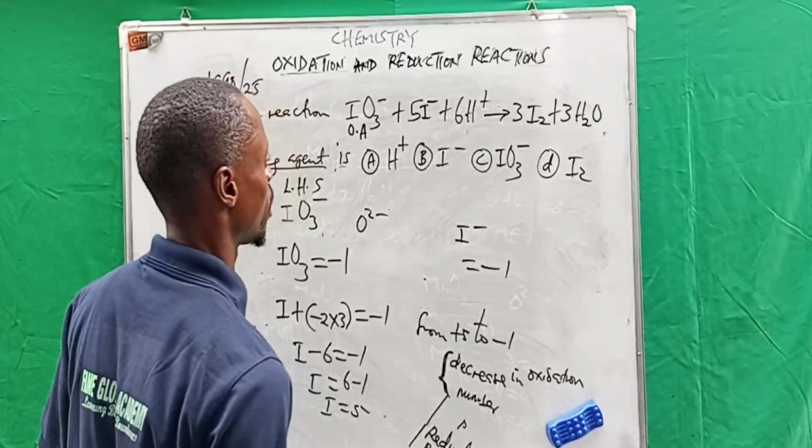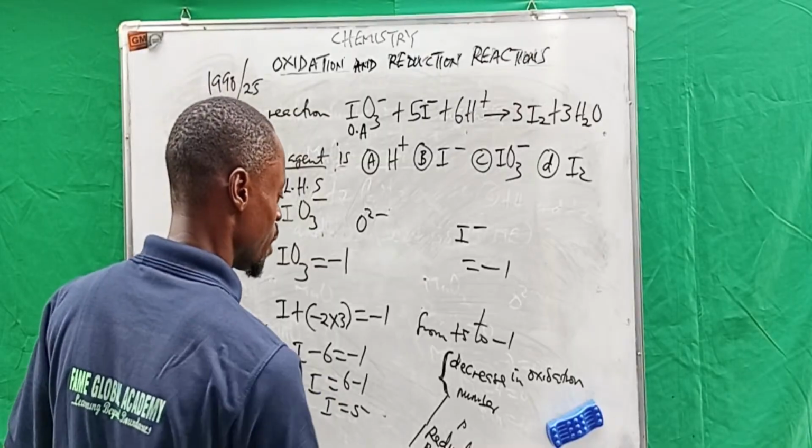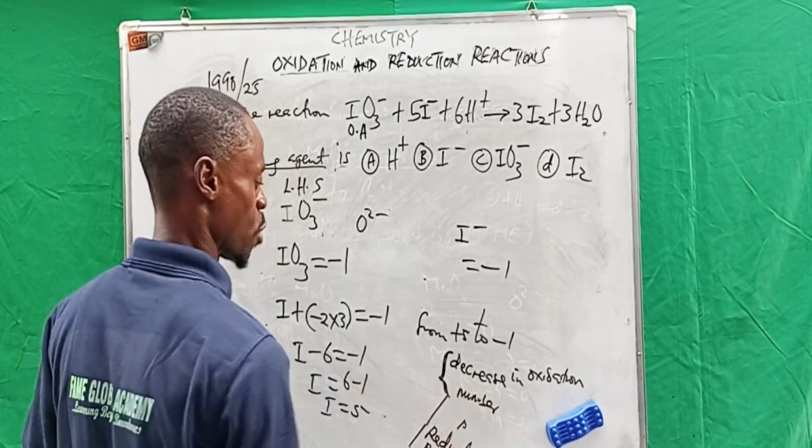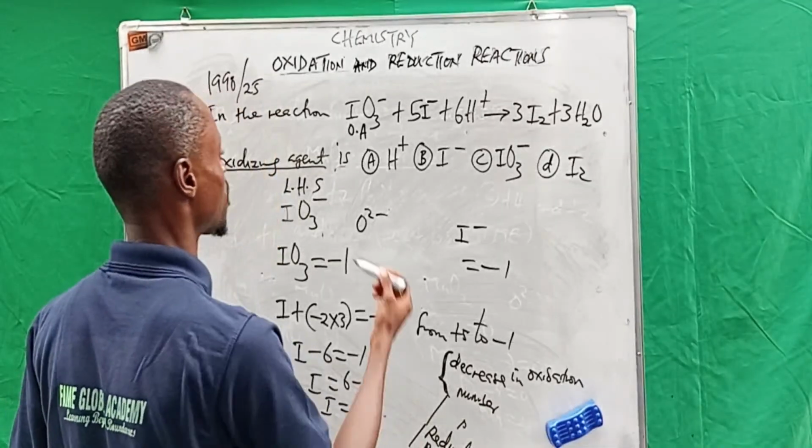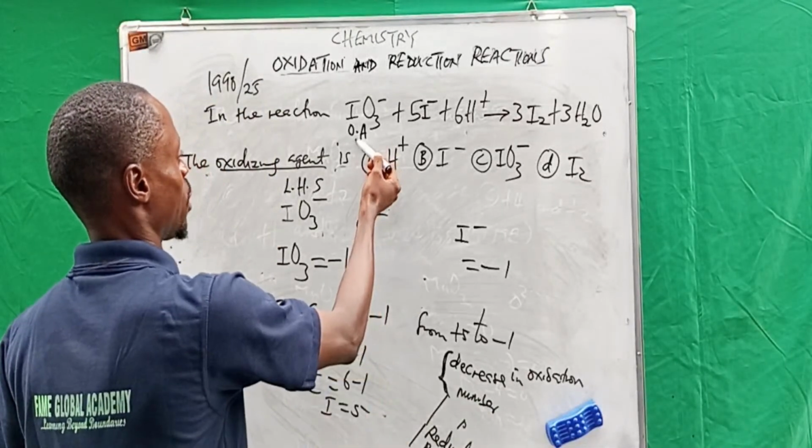Did you get what I just said? That a decrease in oxidation number is what we call reduction reaction, which is exhibited by an oxidizing agent.